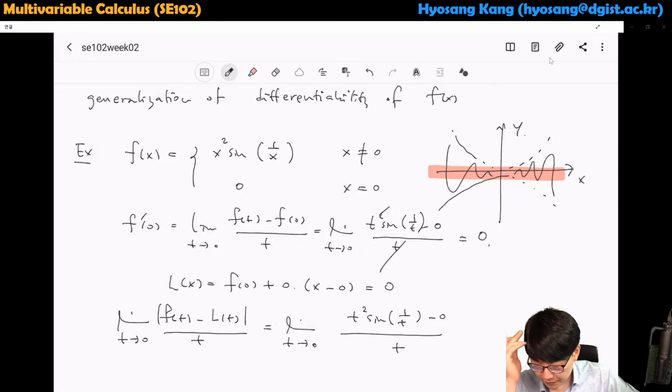Oh, okay. Yeah, I was confusing the continuity and the differentiability here.